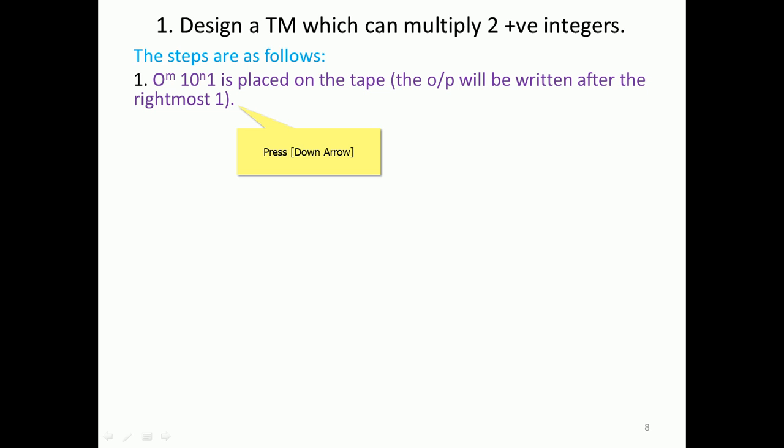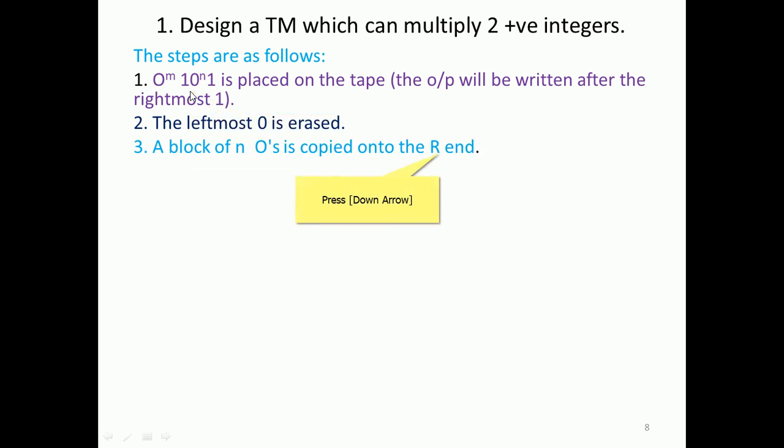So m zeros followed by 1, and n zeros followed by 1 is placed on the tape. The output will be written after the rightmost 1. The leftmost 0 is erased. So these are the strings we can observe here.